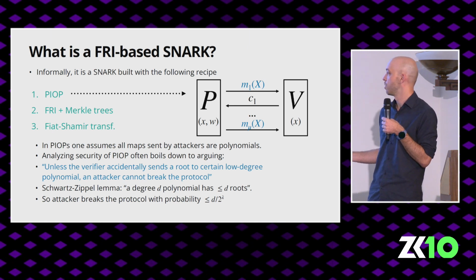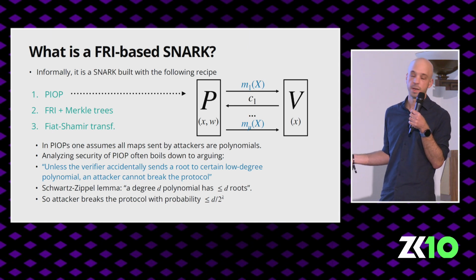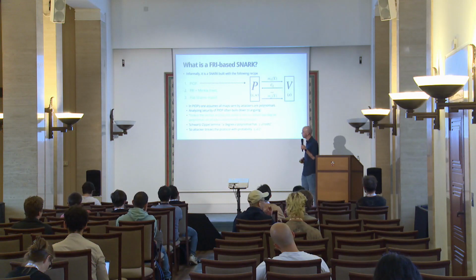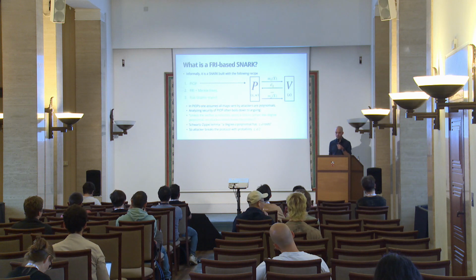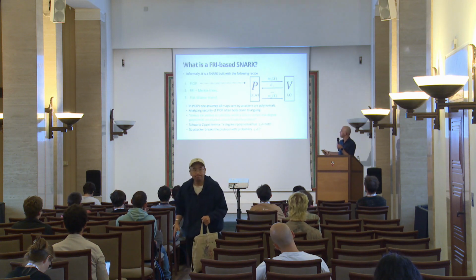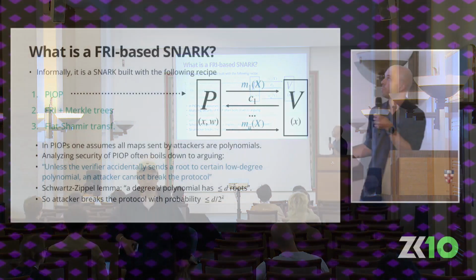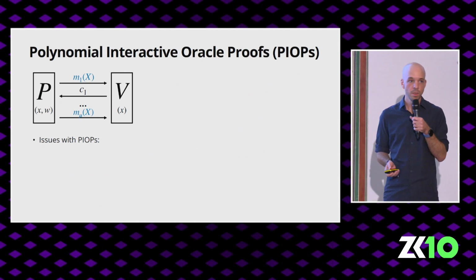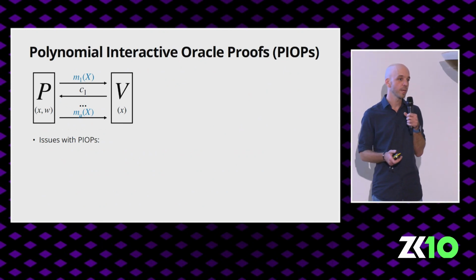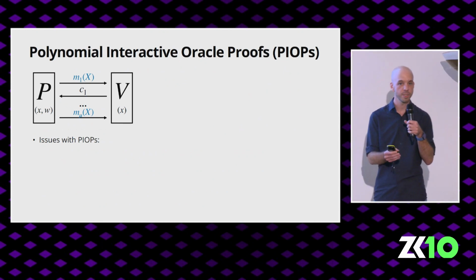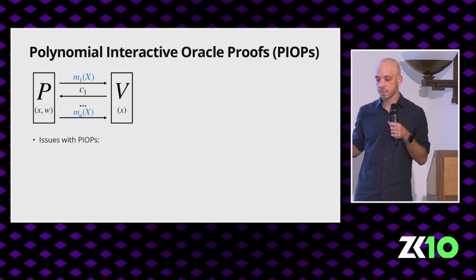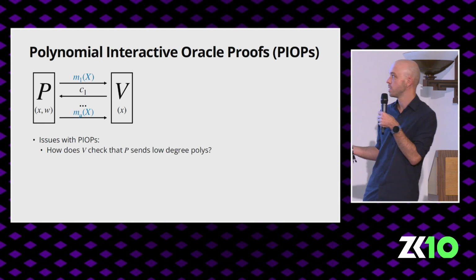That is the degree of the polynomial, the maximum number of roots it can have, over the size of the challenges the verifier can send. So analyzing the security of PIOPs is relatively easy because they rely on this very strong assumption, that the prover sends polynomials. This is very nice. The PIOP is a very nice abstract framework that facilitates reasoning about zero-knowledge proofs.